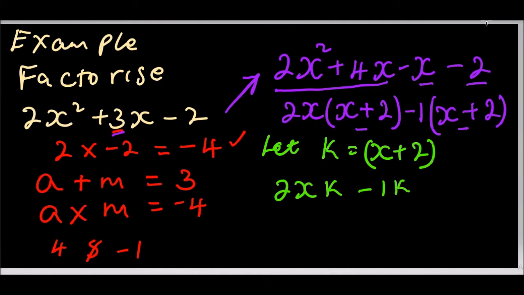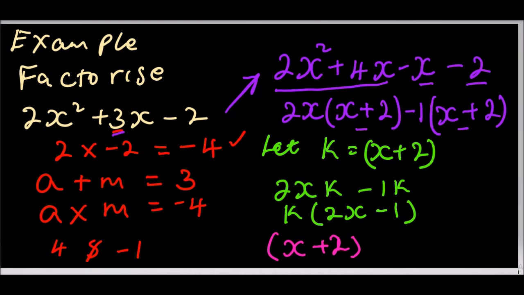So we can factor out k here, and once we remove k, we'll be left with 2x minus 1. Because we have said k is equal to x plus 2, we just replace our k. So this is x plus 2, that is our k, and with that then we have 2x minus 1. So that is how you factorize.